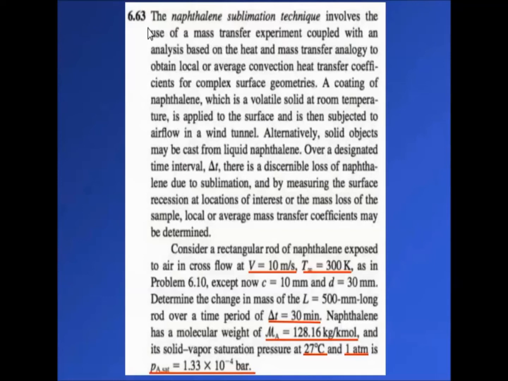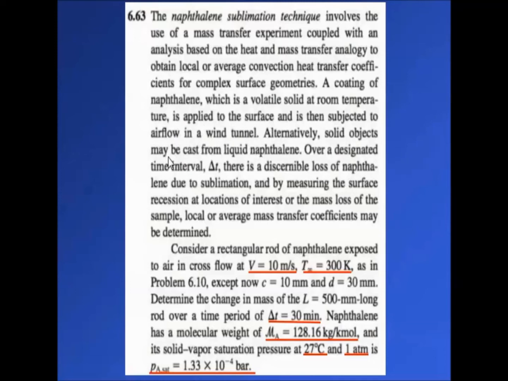In this problem, we have that the naphthalene sublimation technique involves the use of a mass transfer experiment coupled with an analysis based on the heat and mass transfer analogy to obtain local or average convection heat transfer coefficients for complex surface geometries. A coating of naphthalene, which is a volatile solid at room temperature, is applied to the surface and is then subjected to airflow in a wind tunnel.